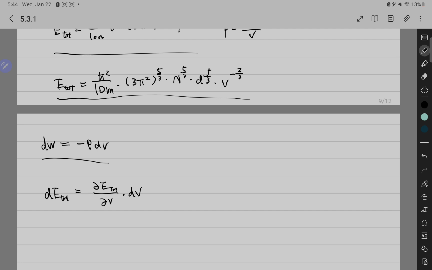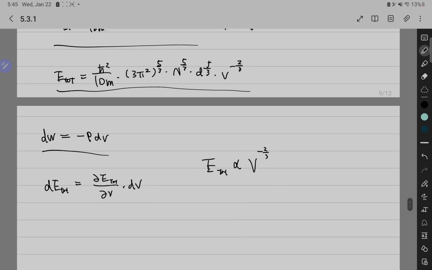That's why we use a partial derivative here, because E total is directly proportional to V to the power of negative 2 over 3.